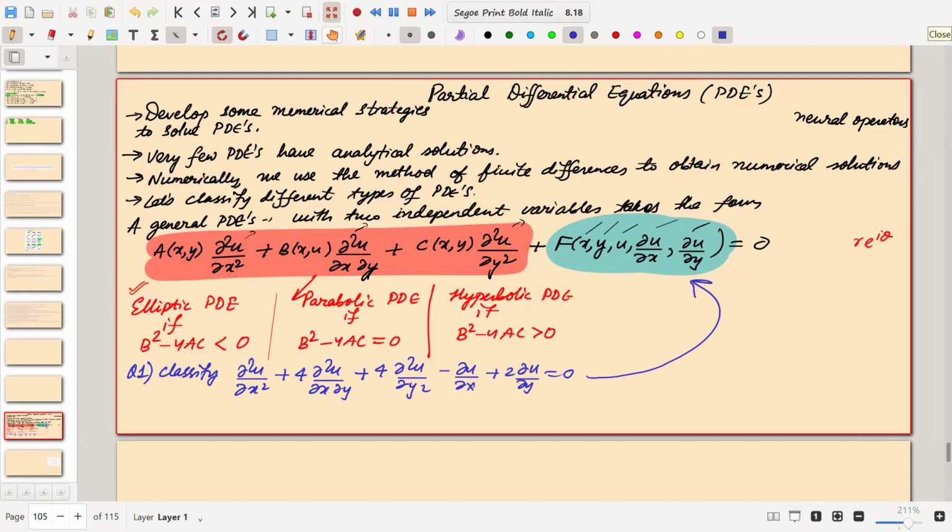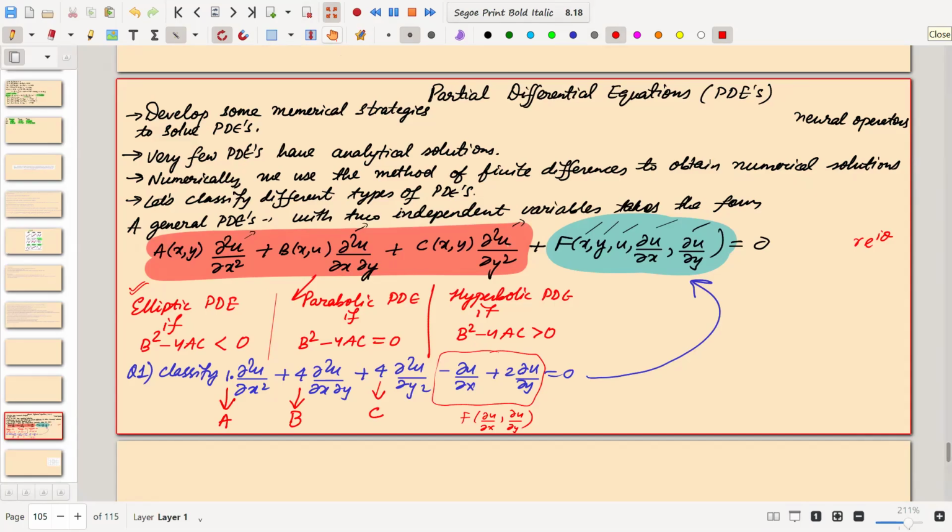So you can see this is 1 multiplied by this. What is A? This is A. What is B? This is B, right? And what is C? This is C. And the remaining terms I can put as F of dou u by dou x, comma dou u by dou y. Isn't it?